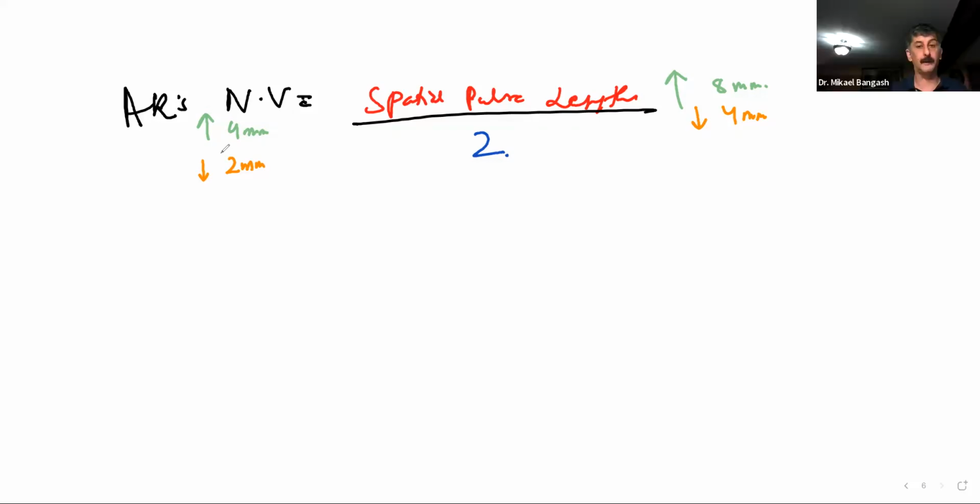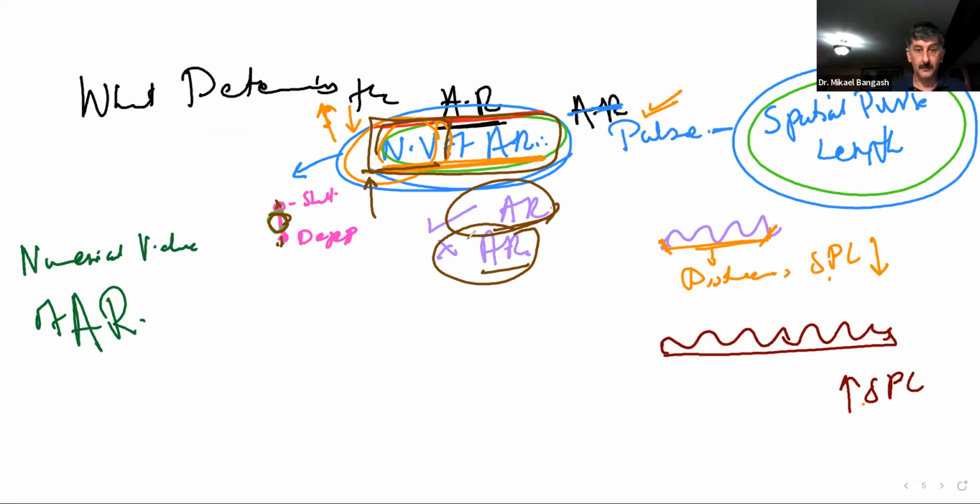Now, as I said, to determine whether this long or short pulse will give us good or bad axial resolution, it's all going to depend on comparing the numerical value of your axial resolution to the distance between these two structures, where one structure has to be shallow and the other at a greater depth.